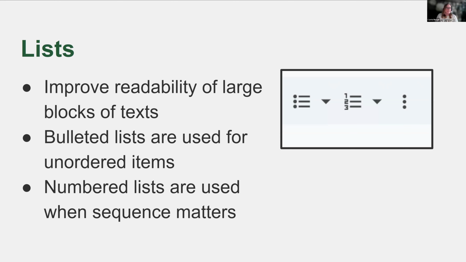So we have bulleted lists that are used for unordered items, and we have numbered lists, which are used when sequence matters. And again, if you look at the toolbar in Word and Google Docs, you'll see the list options here. So consider that the next time you have to create a list, avoid using the dash.